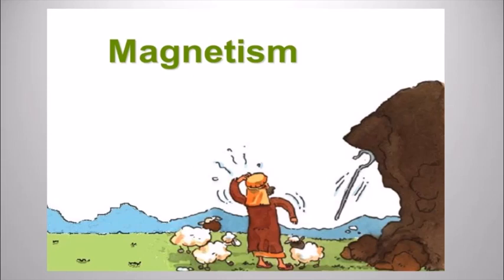He tried to pull the stick from that rock, and he saw that it was very difficult to remove the stick from the rock. And so from there, this was discovered. The rock was named after him. His name was Magnus, so they named the rock magnetite. And later on, from that discovery, we developed the property of magnetism and the magnet.